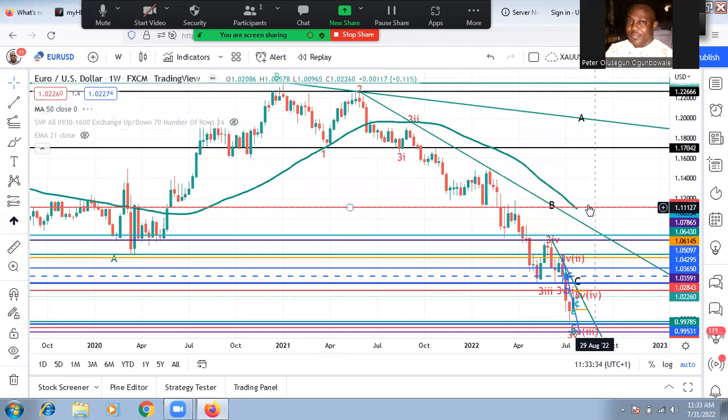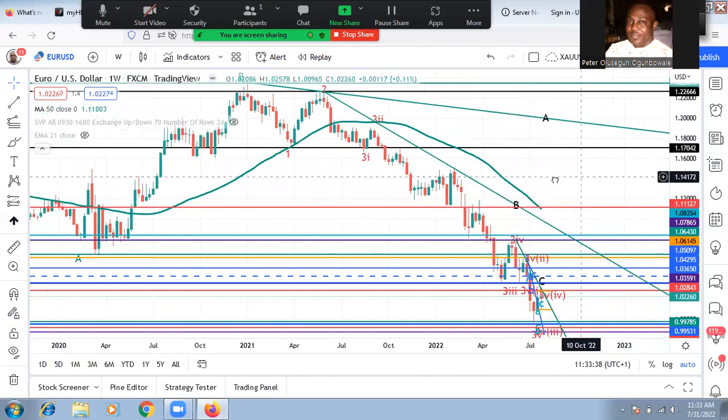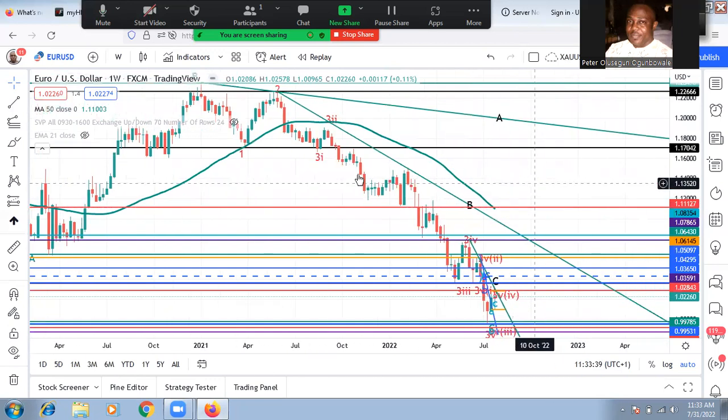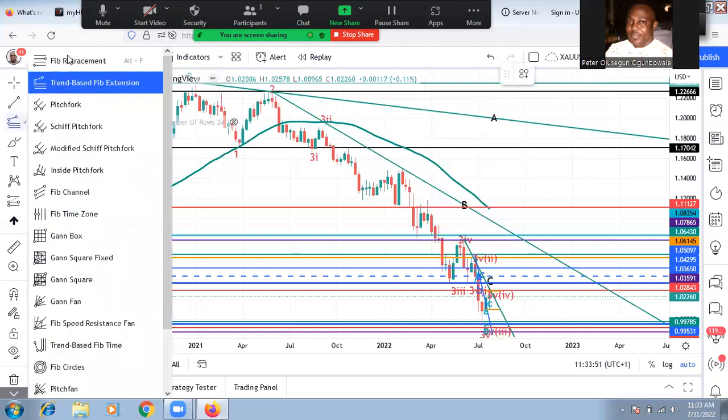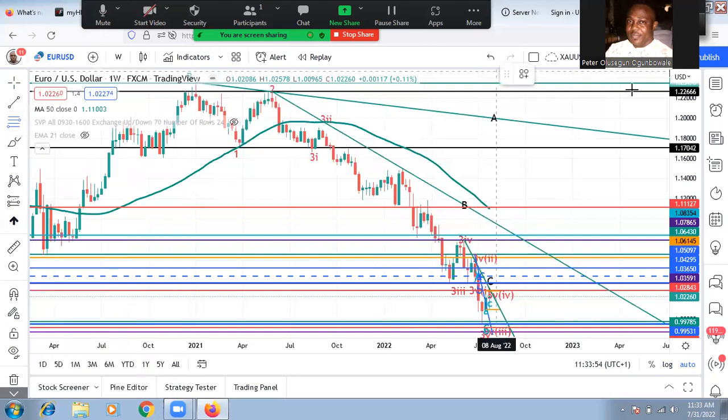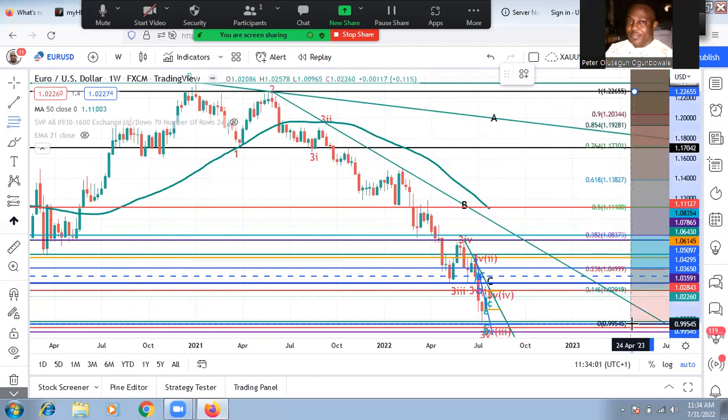Now, in that case, if you see that this one has a wave 1 and a 2, and this internal structure of 3 to this point, then we may say that a big 4 from here to here is still possible.